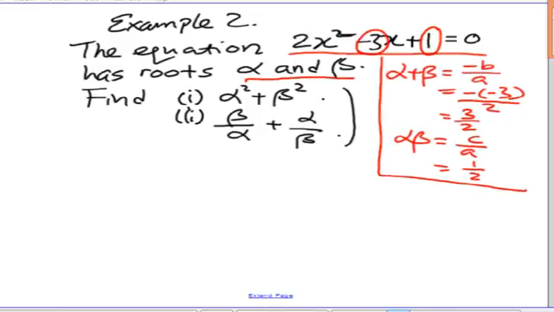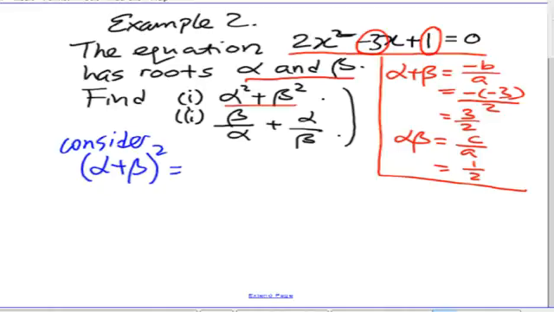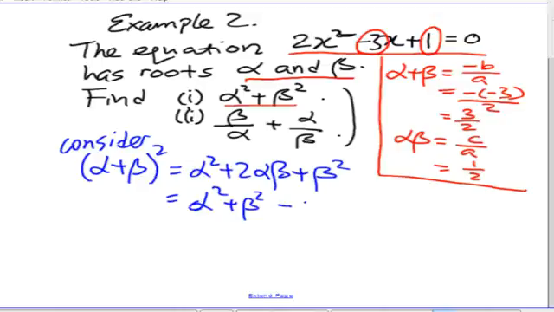And now we're going to consider finding the sum of alpha square plus beta square. Well, alpha square plus beta square is very similar to alpha plus beta everything square. So let us consider this. And this is equal to alpha square plus 2 alpha beta plus beta square. Or in other words, this can be written as alpha square plus beta square plus 2 alpha beta.